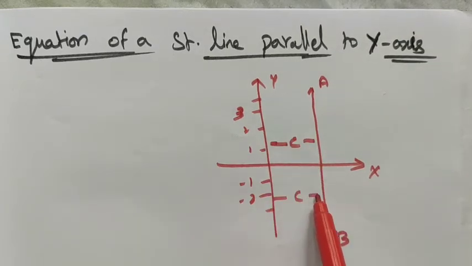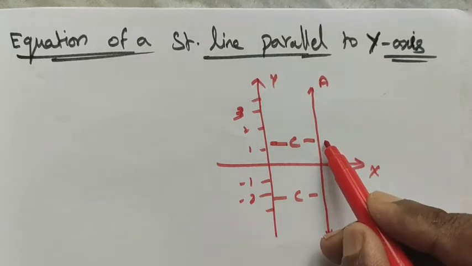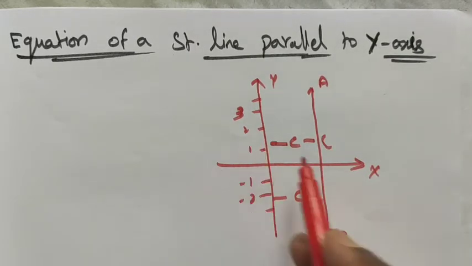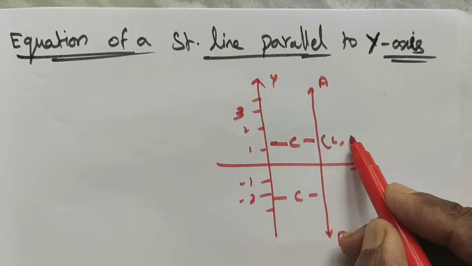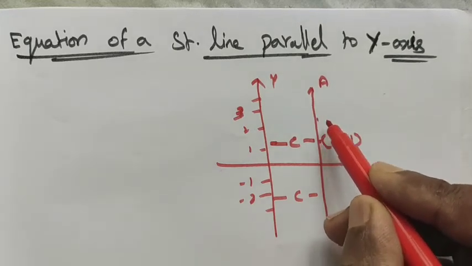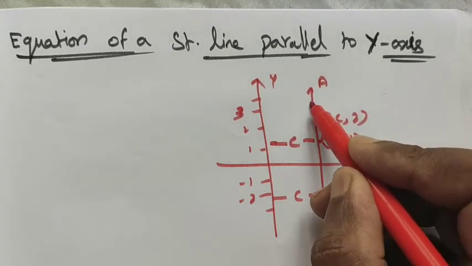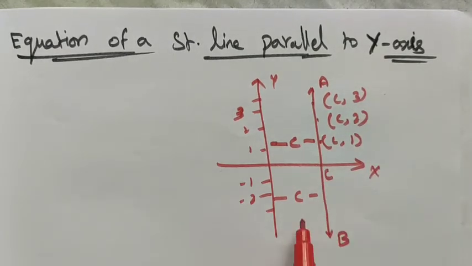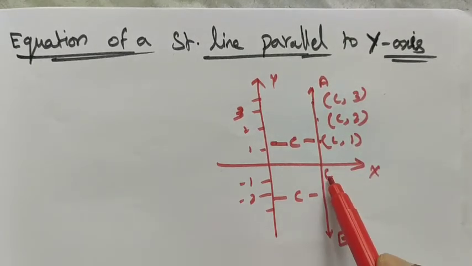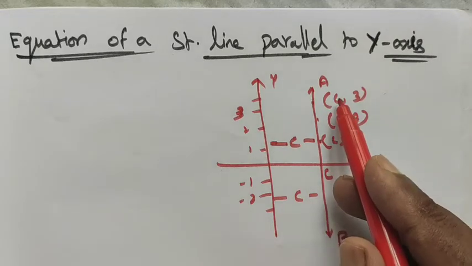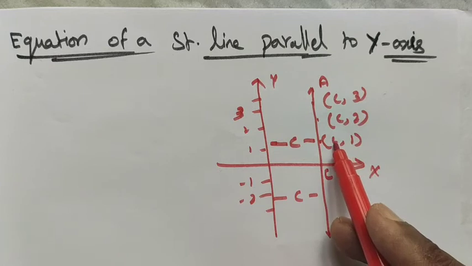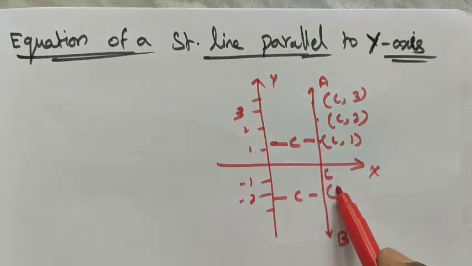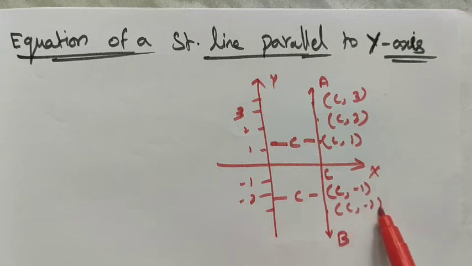We take it as c, that is the point that lies wherever the y value is changed but the x value remains the same. Here the point is c comma 2, here the point is c comma 3, because we take it as c or 3, whatever may be the number. For example, if I take this point as 3, see here 3 comma 3, 3 comma 2, 3 comma 1, and then here c comma minus 1 and then c comma minus 2.